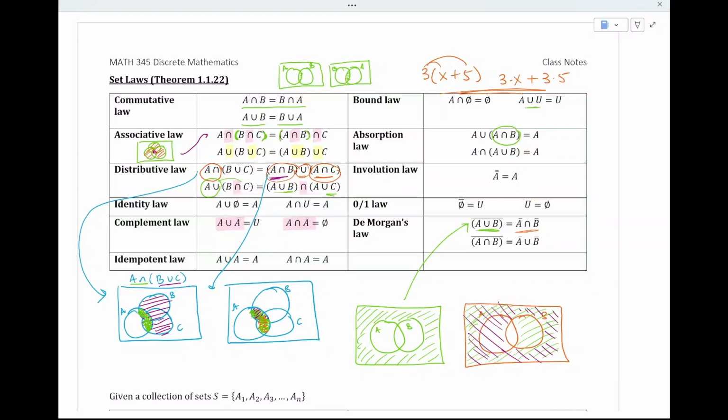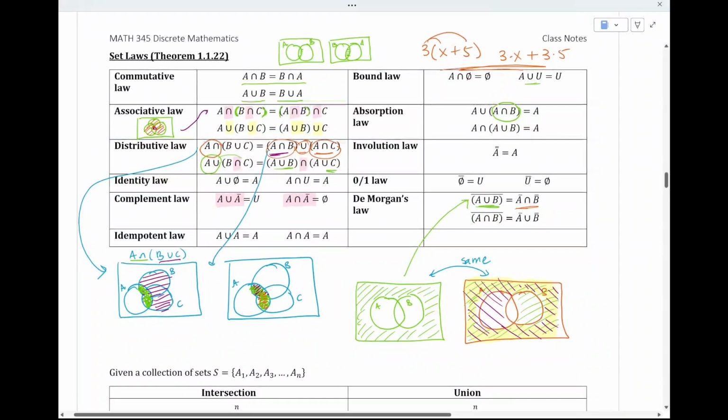And so I want that intersection. Where is green and purple both shaded? I'm going to add a new color, yellow, and that's out here, which is the same as the area that's not in A or B, which is the same as I saw over here. So that's De Morgan's laws.